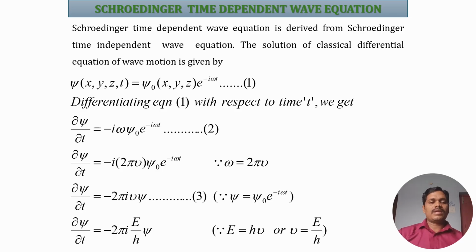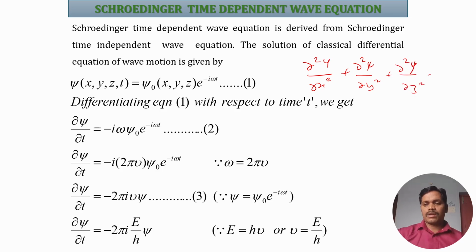As we all know, the solution for the second-order differential equation, which is dou square psi by dou x square plus dou square psi by dou y square plus dou square psi by dou z square equal to 1 by v square into dou square psi by dou t square, is the classical second order differential equation.